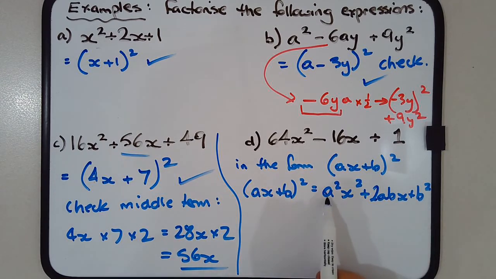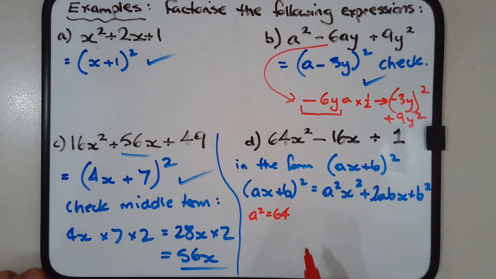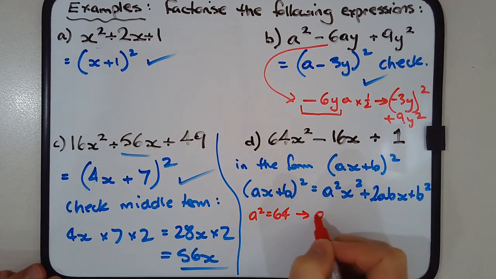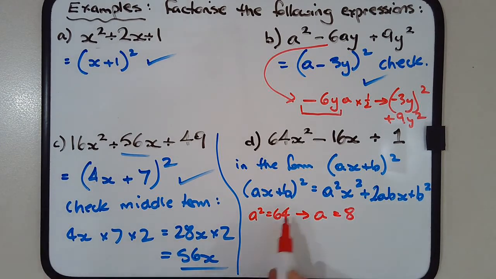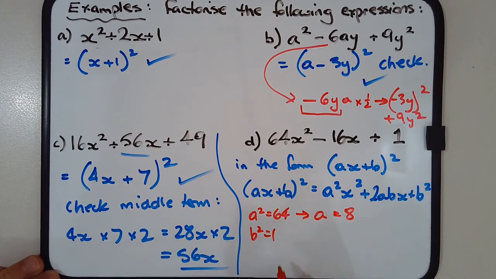So a squared is equal to 64. Therefore, a would be equal to 8, the square root of 64. b squared is equal to 1. Therefore, b would also be equal to 1, since that's the square root of 1.